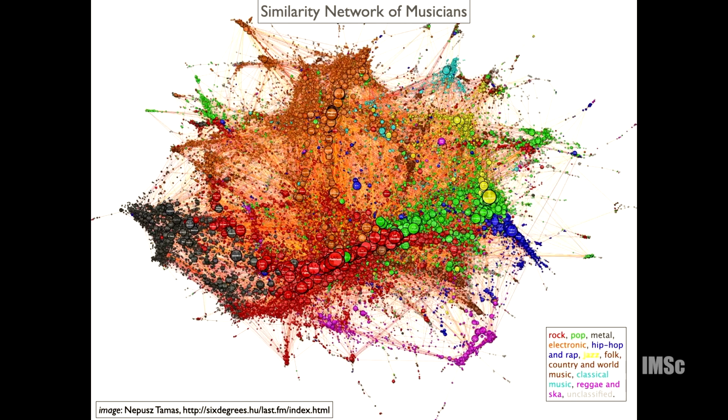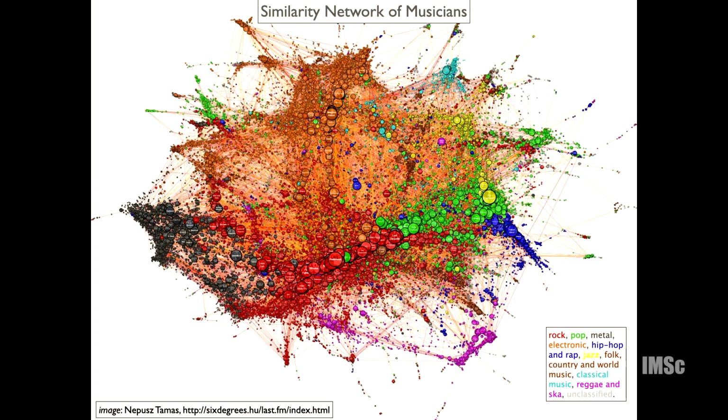Okay, and then one last example. This is a similarity network of musicians which somebody extracted from last.fm's data. They had their own algorithm to assess how similar different music artists are, and there are thousands of artists over here.